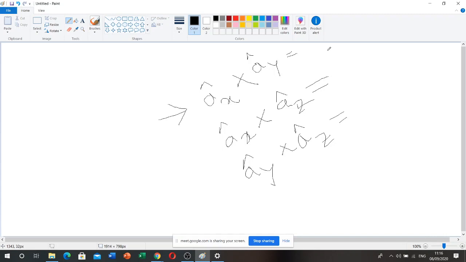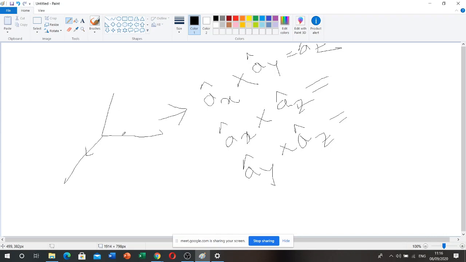ax cap cross ay cap is az cap. Very good. az cap is the right answer for the first one, because ax cap and ay cap are in the xy plane. See this x, y, and z.